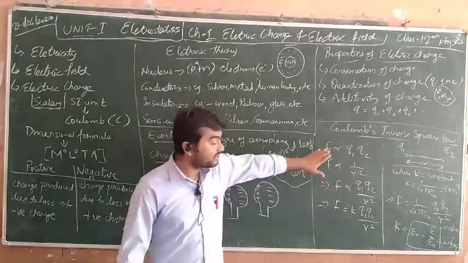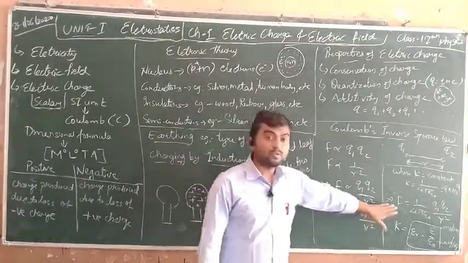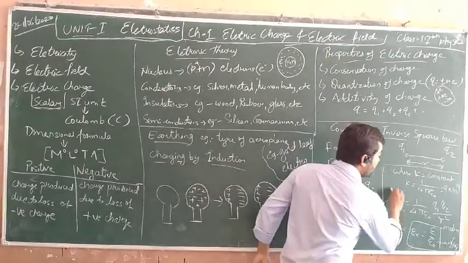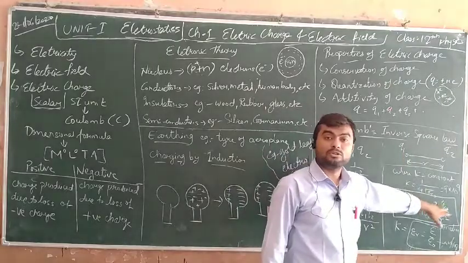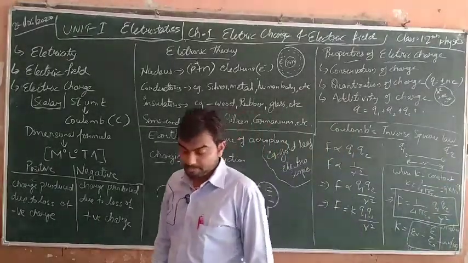Point charge means its magnitude is very small. So the final equation is F equals 1 by 4 pi epsilon 0 Q1 Q2 by R square.